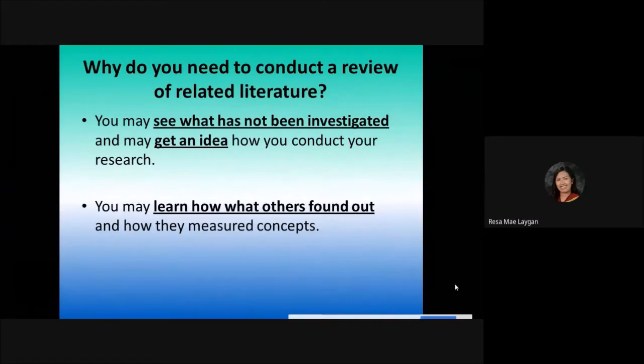So we will be able to learn from the others. So what are the findings of the other researches, or what are the answers in order to address the problem that we are going to address by our study. So this is the advantage of conducting a review of related literature.